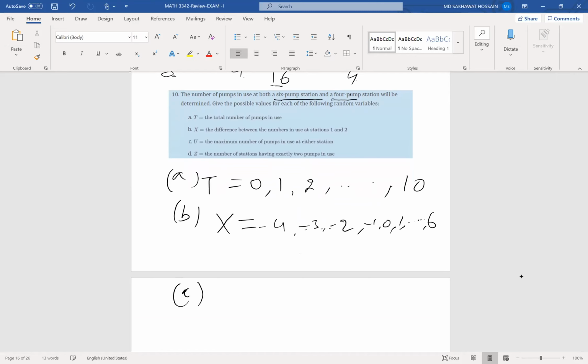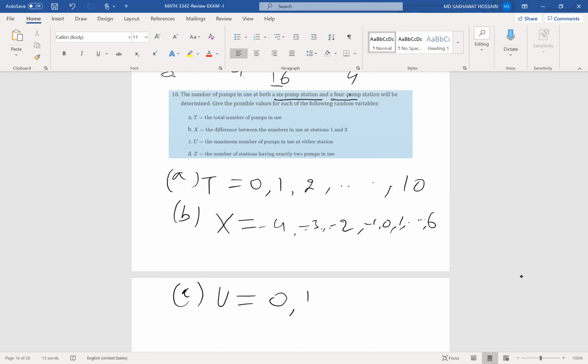Okay, so part C, the random variable is U, the maximum number of pumps in use at either station. If 0 pumps are in use in station 1 and 0 in station 2, then the maximum is 0. If 1 pump is in use in station 1 and 0 in station 2, then the maximum is 1.